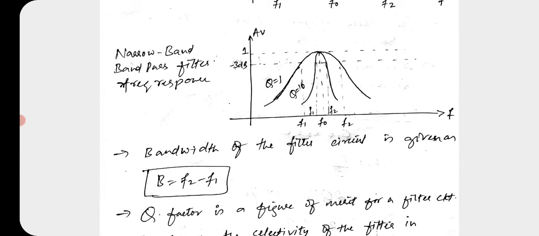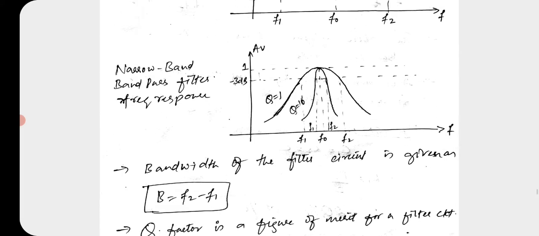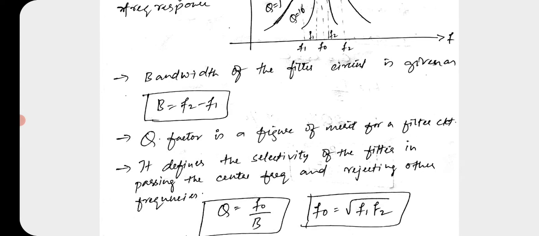So what do you understand by the term bandwidth? The bandwidth of the filter circuit is given by F2 minus F1. There is a new factor called the Q factor. Do you see here? Q equal to 1, Q equal to 10. What is this Q? The Q factor is a figure of merit for the filter circuit, which shows how selective the filter is in passing the center frequency and rejecting all other frequencies.